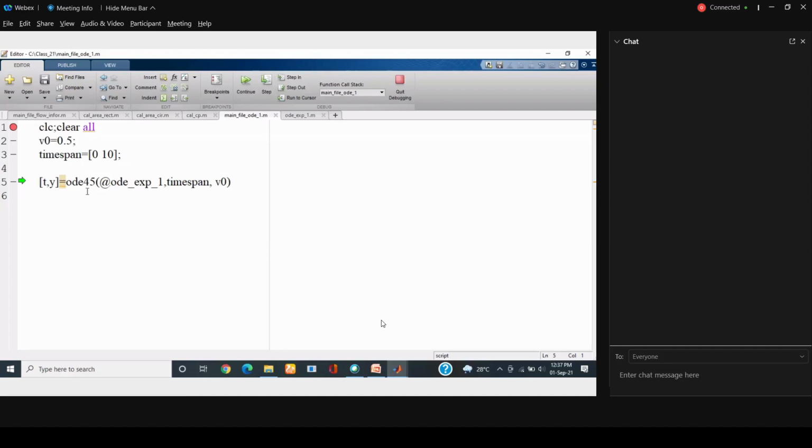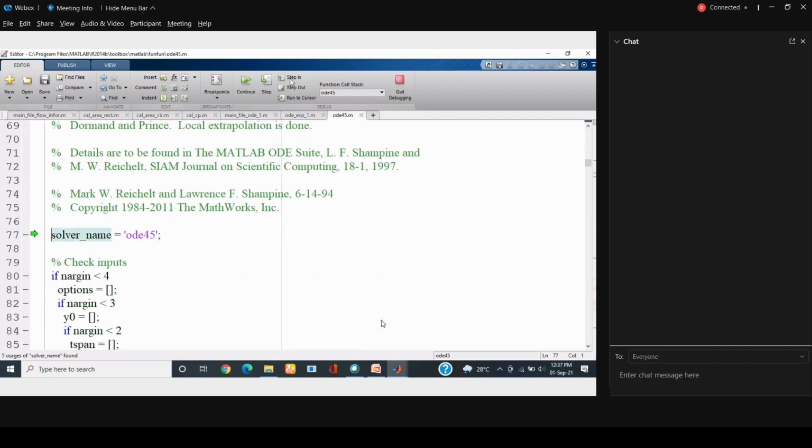Now it comes here. If I click step in, it first goes into ODE45. I don't want to go there. So what I will do, I will go in my function file and put a breakpoint here. Now I will come to the main file, and at this point of time, we really know the time span and V0. So these two values it will take with it and goes there.